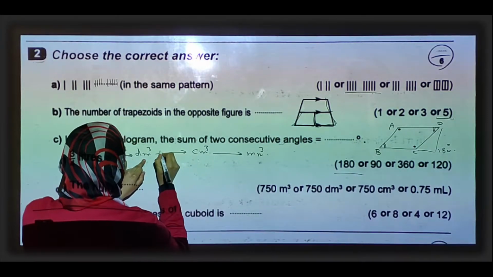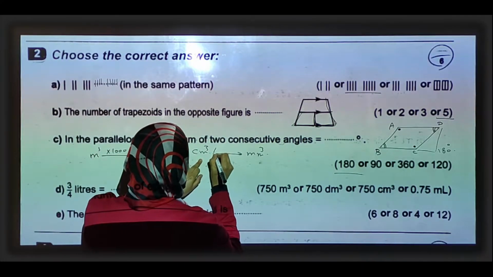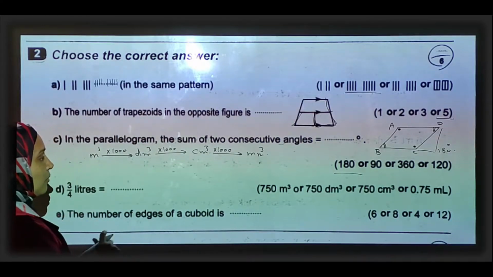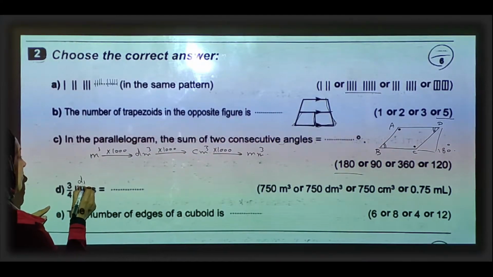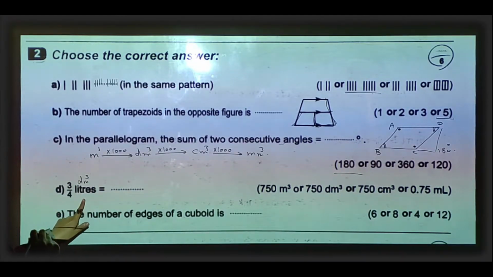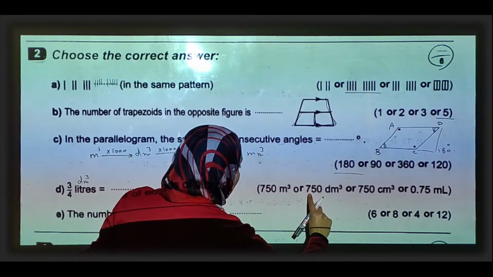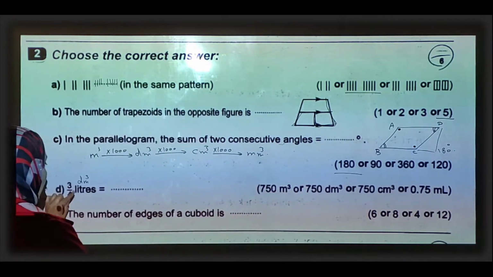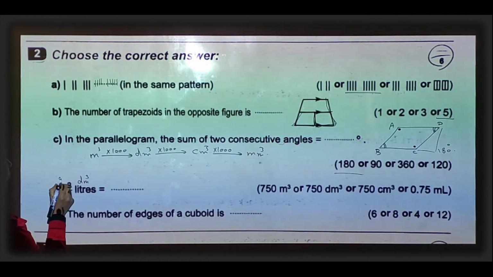From decimeter cube to centimeter cube, multiply by 1000. And from centimeter cube to millimeter cube, we multiply by 1000. Liter means decimeter cube. So we can't choose this because we must write 3/4 as the decimal 0.75.